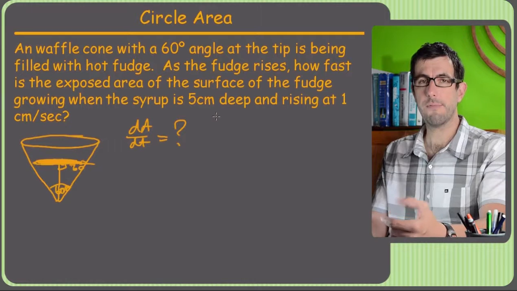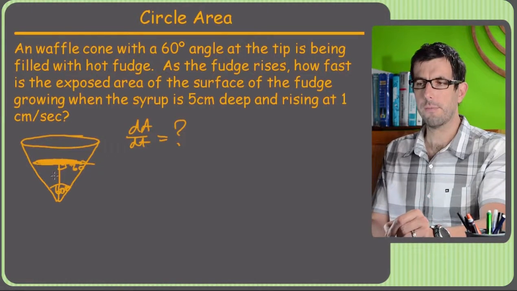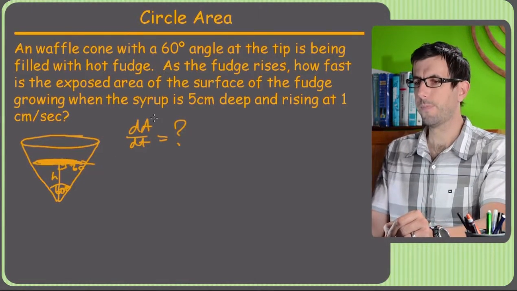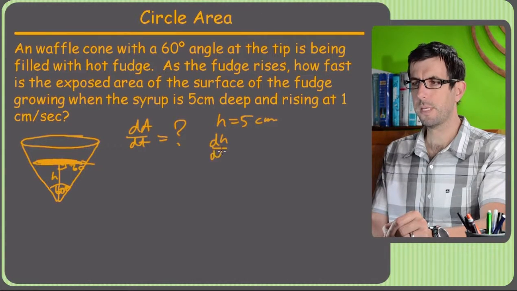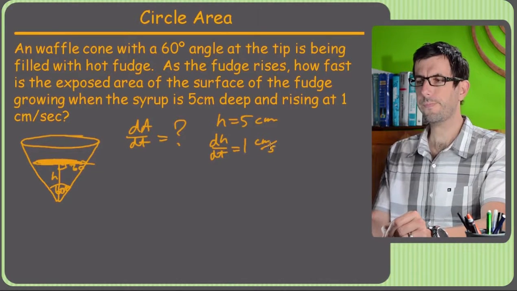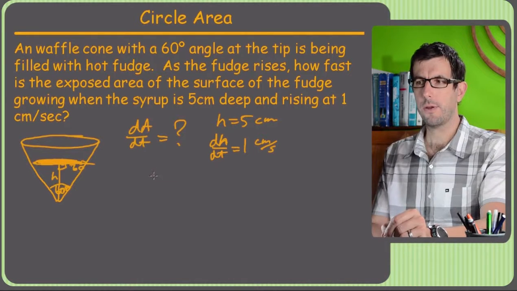That means I need a variable for depth. Maybe we'll call it h. When the syrup is 5 centimeters deep and rising, meaning the rate of change is 1 centimeter per second. I think that'll work out. I want the area of a circle, it looks like.